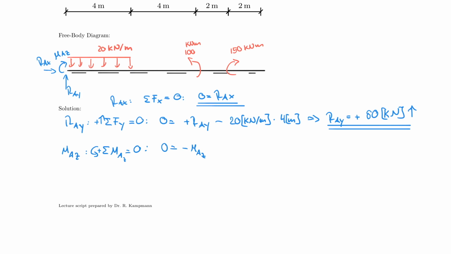That would rotate clockwise, so 20 kilonewton per meter multiplied by 4 meters. Notice that it's not a moment yet, it's only a force. So I have to multiply that by the lever arm, which happens to be 4/2 meters. And again, that rotates clockwise, therefore this is negative as well.